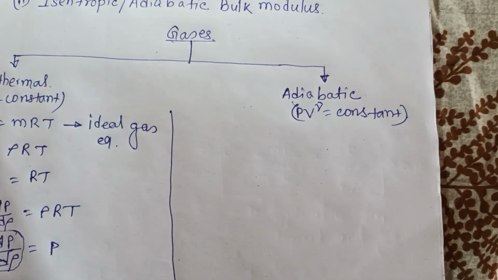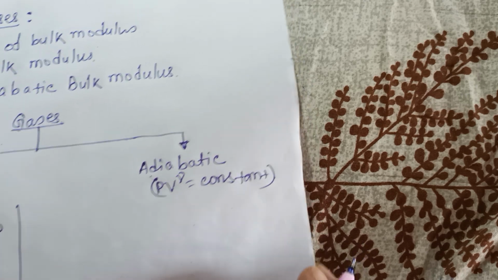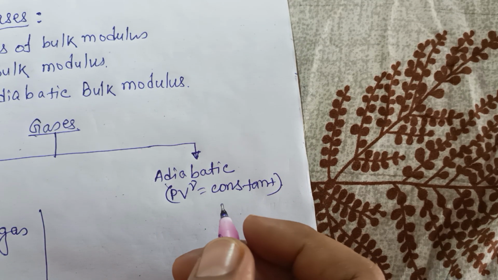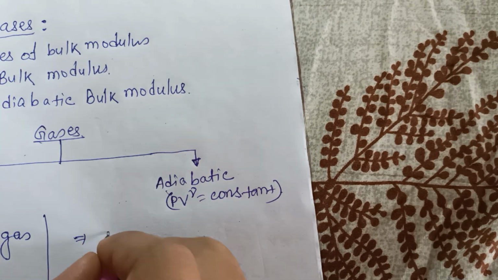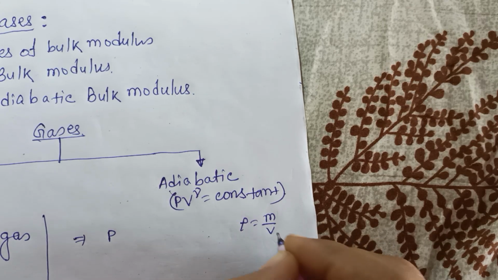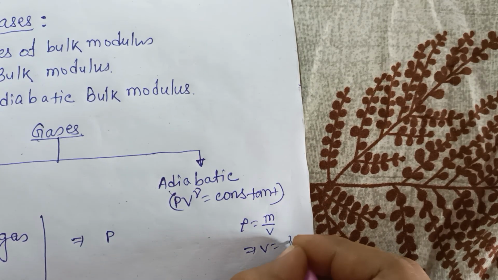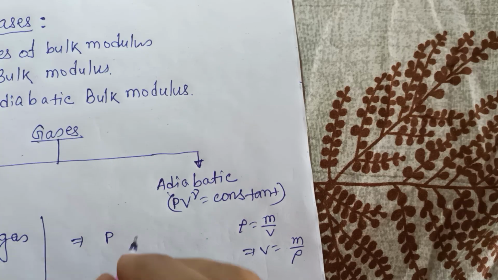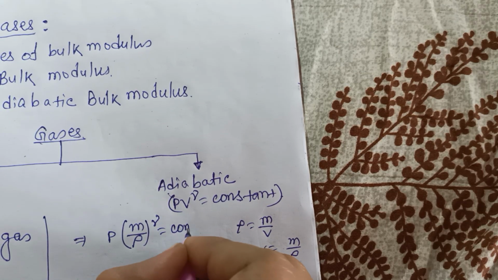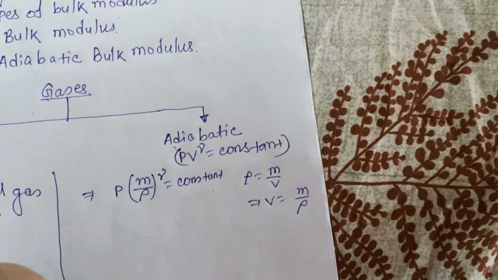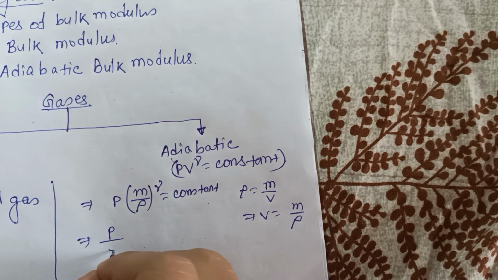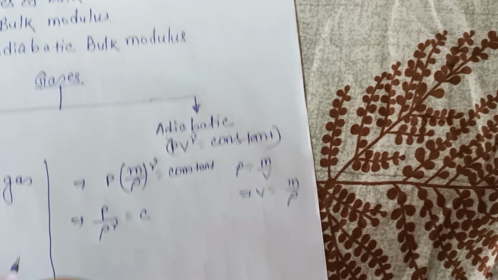Now for the adiabatic case, PV to the power gamma is equal to constant. We know that rho equal to m by V, so V equal to m by rho. So m by rho to the power gamma is equal to constant. From here we can write P by rho to the power gamma equal to constant.